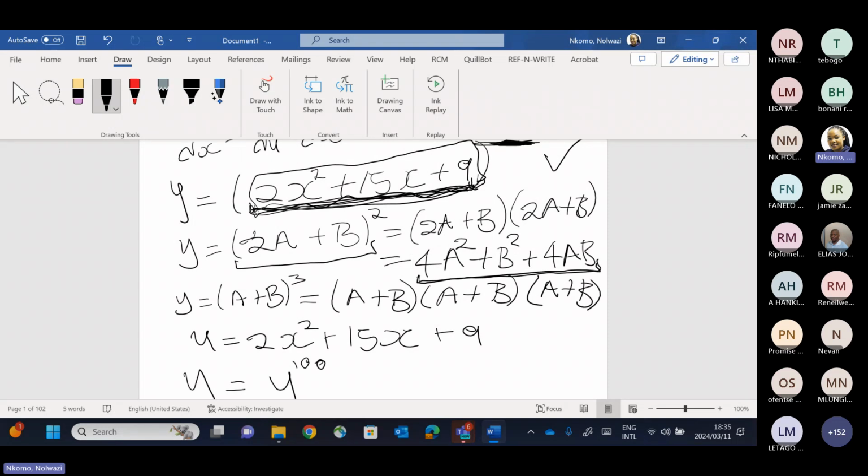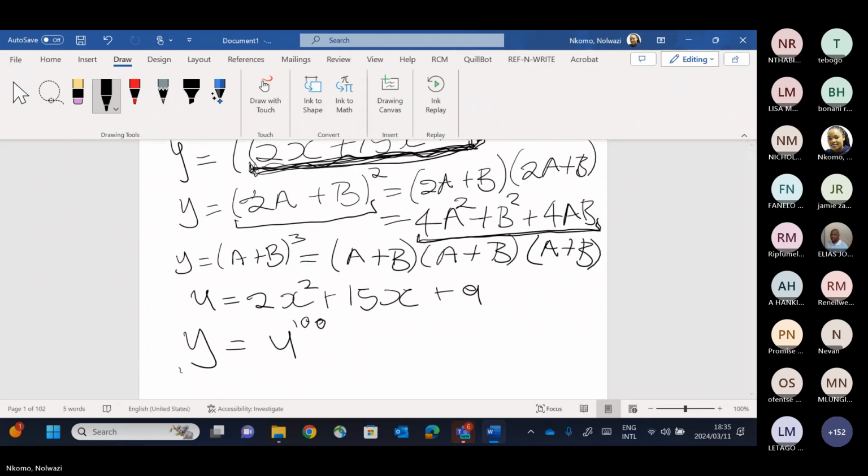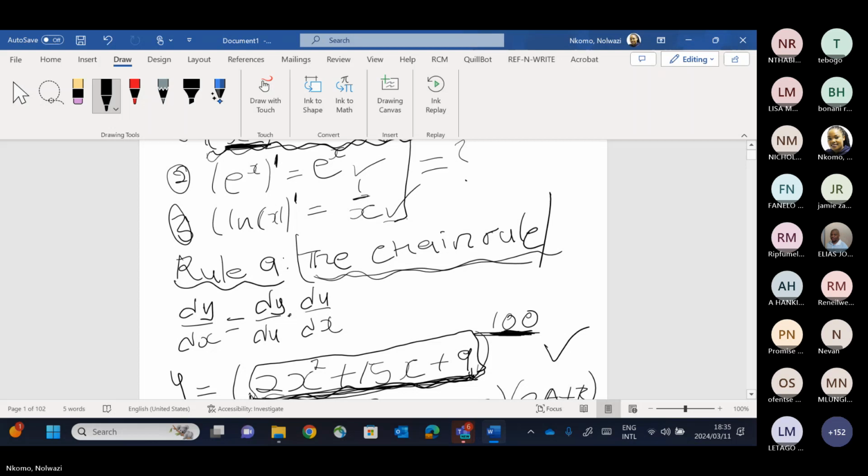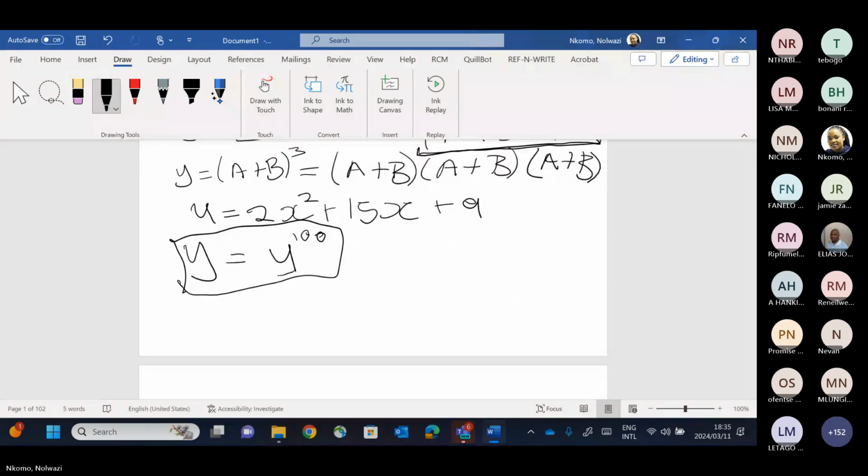Now you see this function is in the form of this function. So it's easy for us to apply this rule here, right?